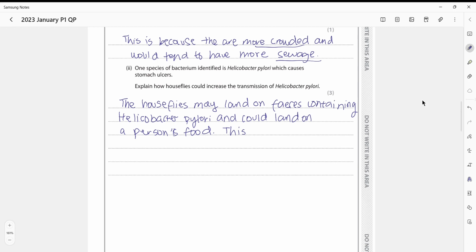This person could ingest the contaminated food. So 1 mark for land on feces, another mark for transferring it onto food, and then the 3rd mark would be ingesting the contaminated food.